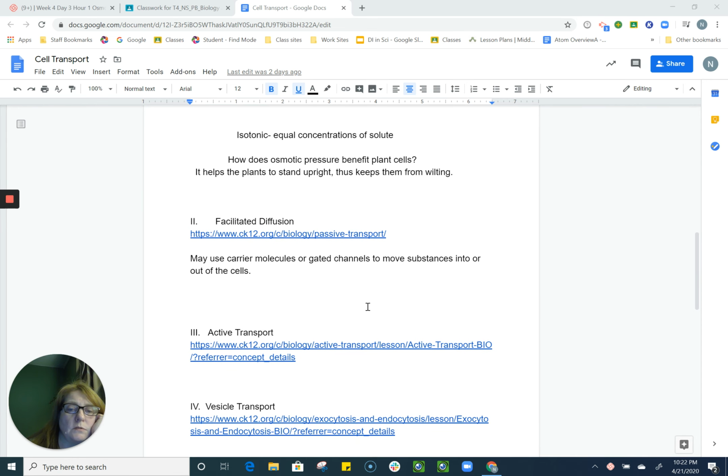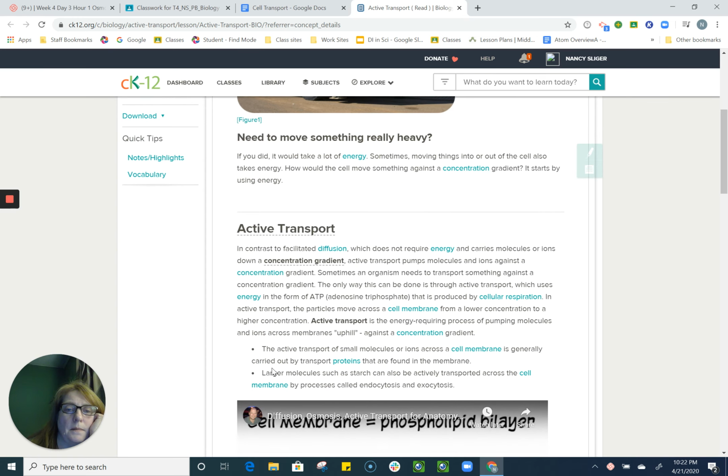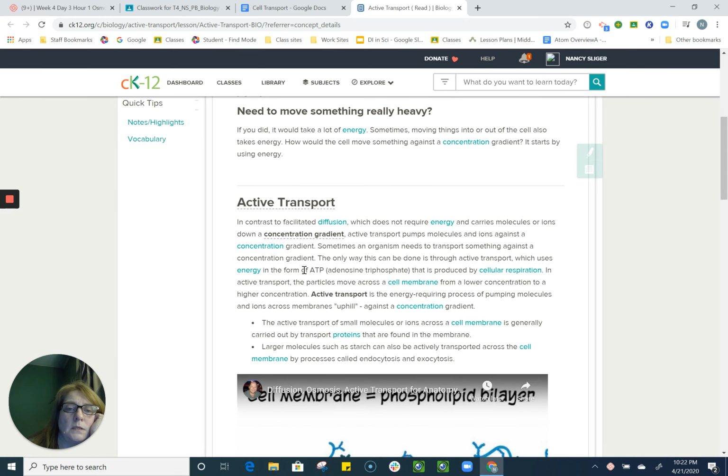So I'm going to open up this link here. So in contrast to facilitated diffusion, which does not require energy and carries molecules or ions down a concentration gradient, active transport pumps molecules and ions against a concentration gradient.